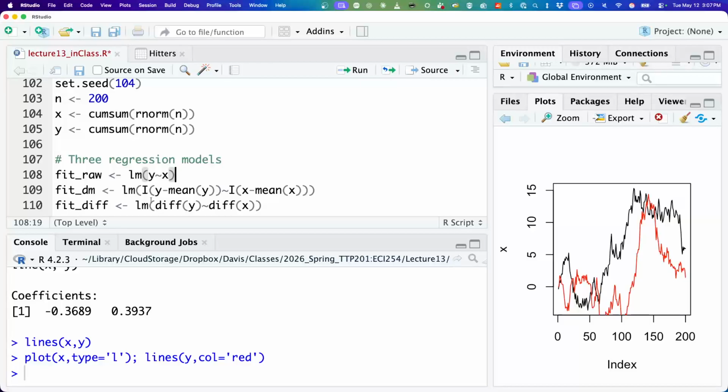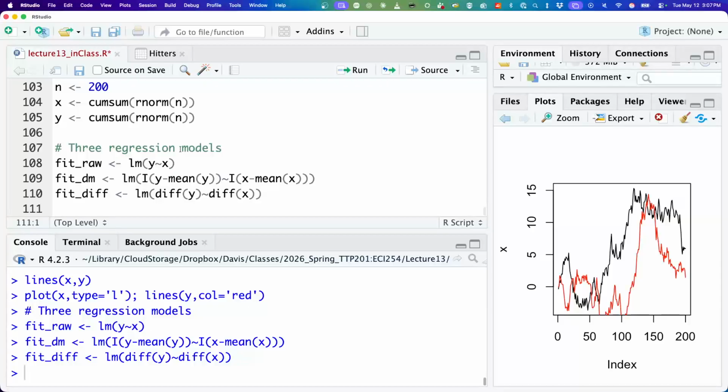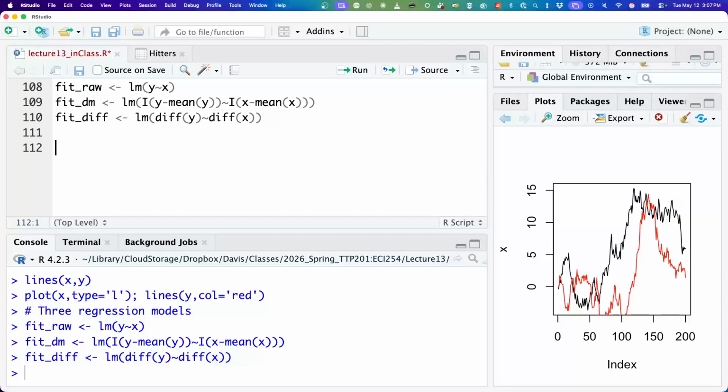And you can do that with this, which is known as the diff function. Okay, so if I look at the summary, we're going to see some pretty different things.